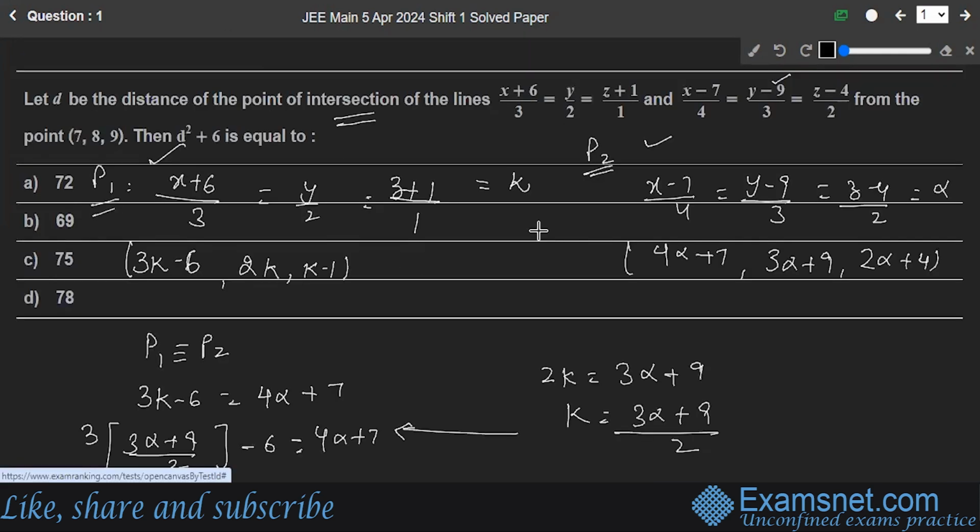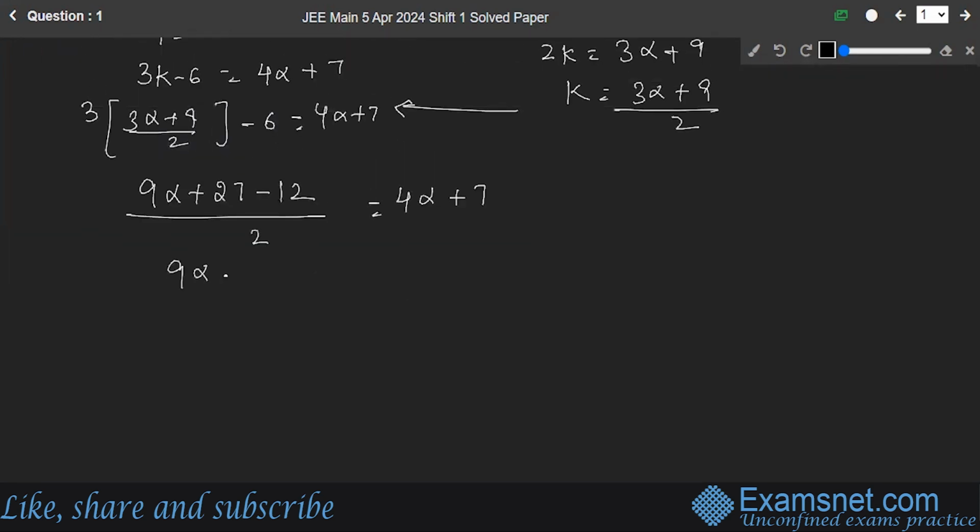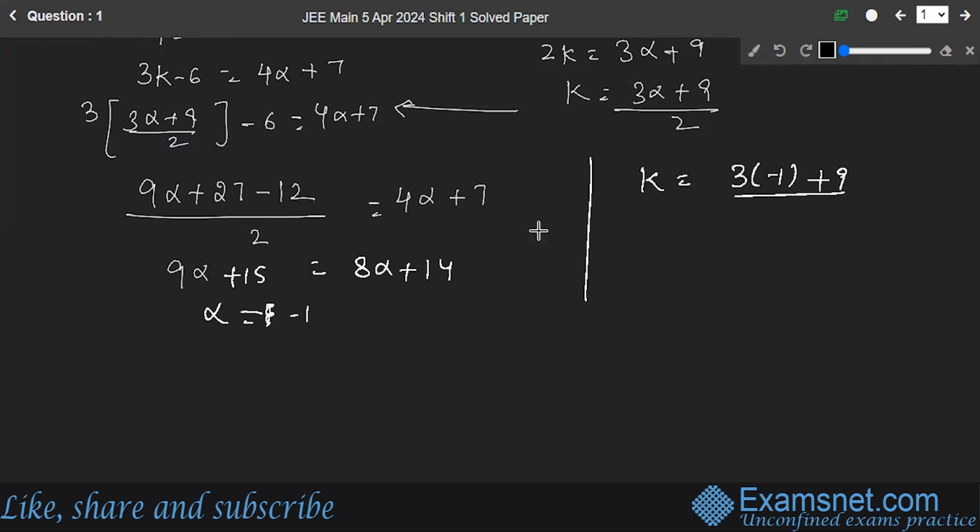This will be 15 is equal to 8 alpha plus 14, or you have alpha is equal to minus 1. I got the value of alpha is equal to minus 1. Let's solve for k. k will be equal to 3 into minus 1 plus 9 upon 2, which is 3. So I got alpha as minus 1 and k is equal to 3.